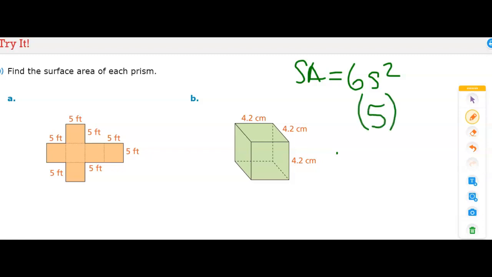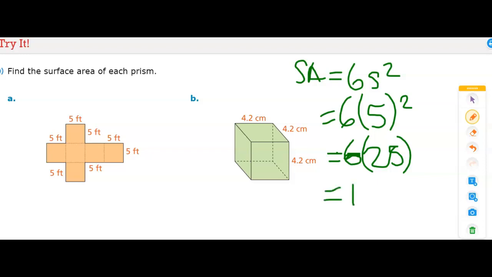We're going to substitute the s with 5, and now we have 6 times 5 squared. 5 squared is 25, and we multiply that by 6. 6 times 25 is 150. So the surface area is 150 feet squared for A.